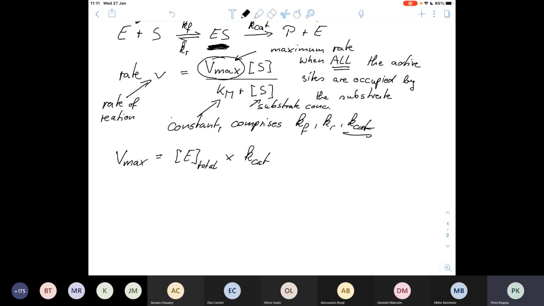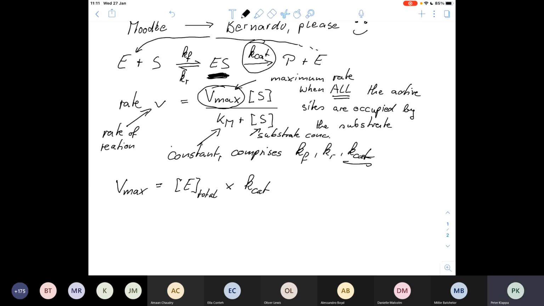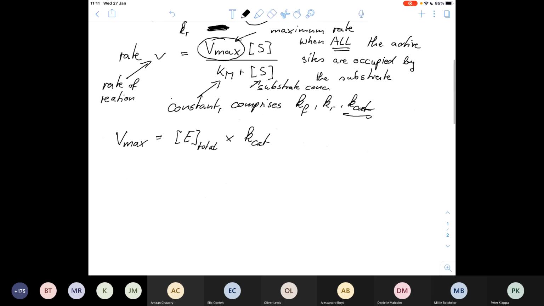That's this one here, this rate constant. So we said Vmax equals the total enzyme concentration times this K-cut. That means Vmax depends on the enzyme concentration. And if I double the enzyme concentration, Vmax will double as well.